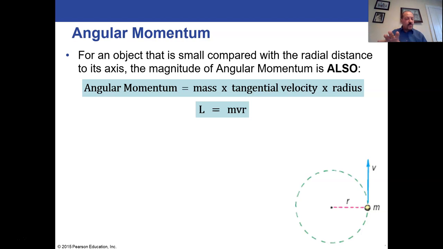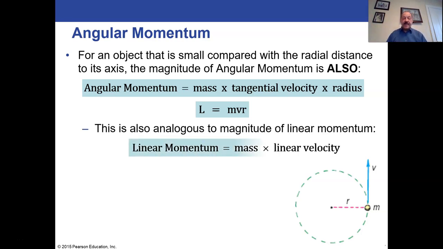Either one of the formulas will work, depending on what things you're given in a problem. So you always want to look at the problem and say, what variables are in here? What am I comparing? Am I comparing L and v? Oh, I use this formula. If I'm comparing L and omega, I use the first formula. All right. So again, this formula is analogous to P equals mv. The mass and the v are the same in both formulas. You're just throwing in a radius to change your tangential velocity into a rotational velocity.